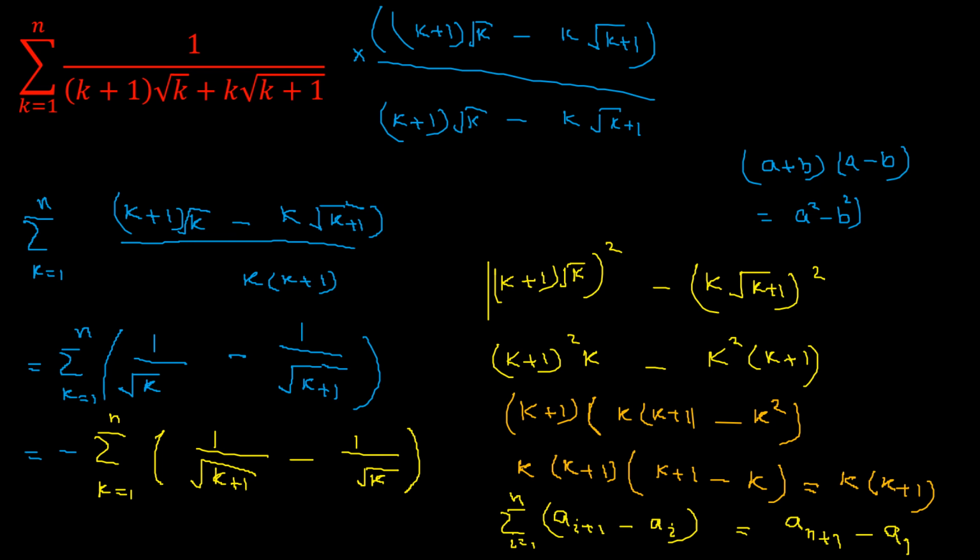So by using this we get negative times 1 over square root of n plus 1 minus 1, which is actually 1 minus 1 over square root of n plus 1, where n is bigger than 1. So this is our answer.